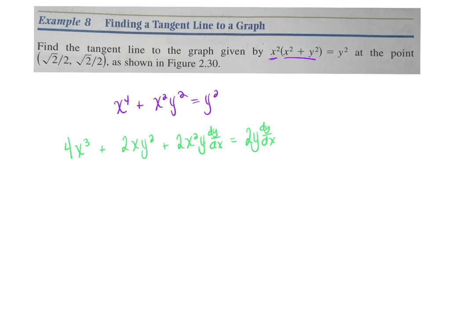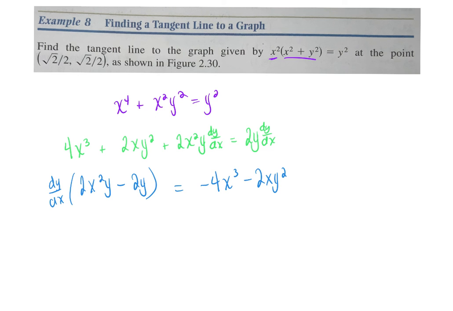This is not asking for the second derivative, by the way. This is just asking for the graph of the tangent line. So move your dy/dx's to one side. Move your non-dy/dx's to the other side.